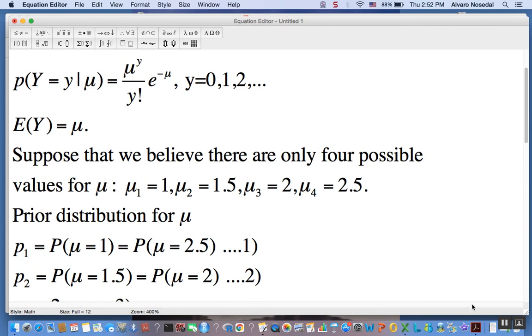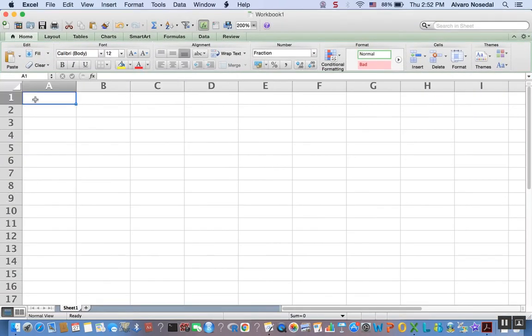Okay, so let's construct that table. First we need mu, then we need our prior, remember, then we need our likelihood, and once we have that, we are basically done, because we know that the next column in our table is the product between prior and likelihood.